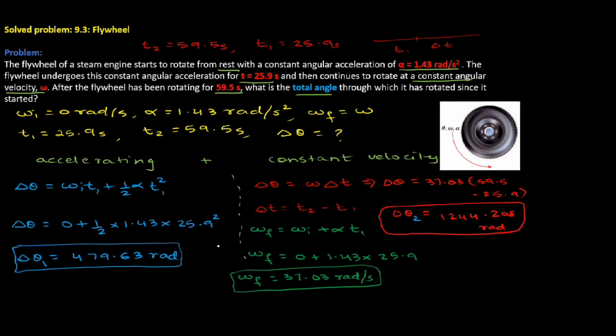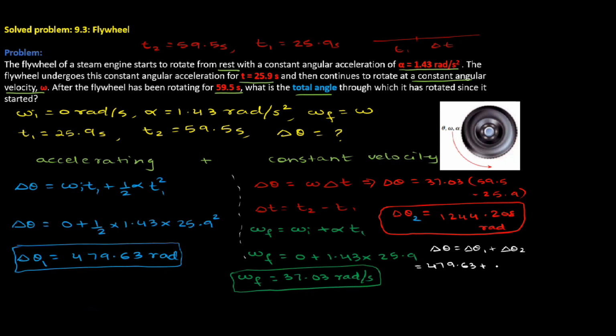Now these are the two values of my angular displacement, one for the time for which it was accelerating and two for the time during which it was moving with constant velocity. I can find the total angle theta by adding these two values. So we write the total angle delta theta to be equal to delta theta 1 plus delta theta 2. Then we add them. Delta theta 1 is 479.63.